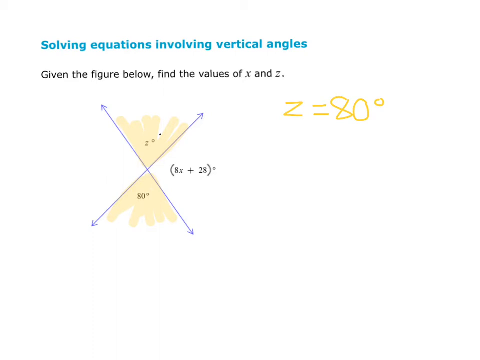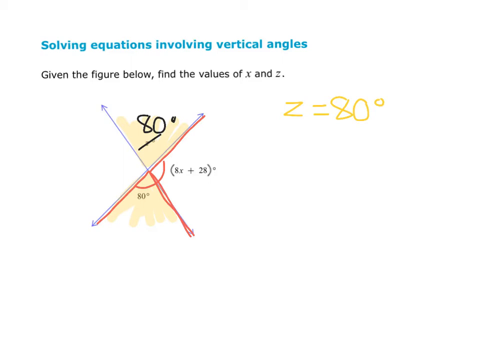And I'm going to just write that in here so that I have it in my picture. It helps me a little bit. All right, so we've got z taken care of. Now, how do we figure out x? Well, there's a couple ways we could approach this, but what I'm seeing here is that if I take this 80-degree angle and this angle right here, together, that has to be 180 degrees.